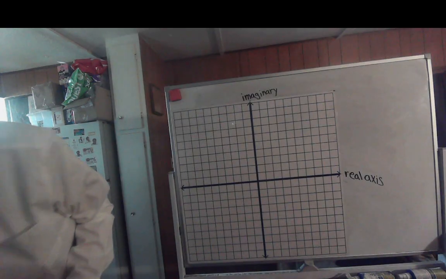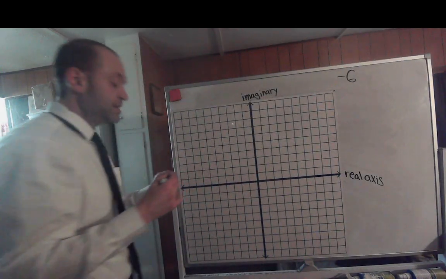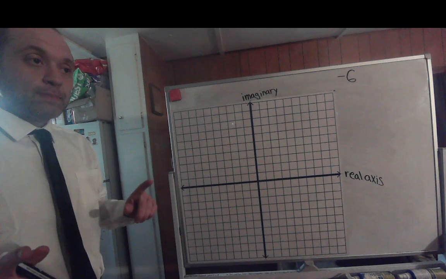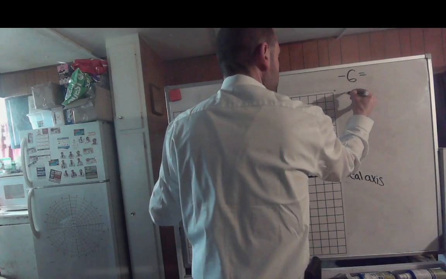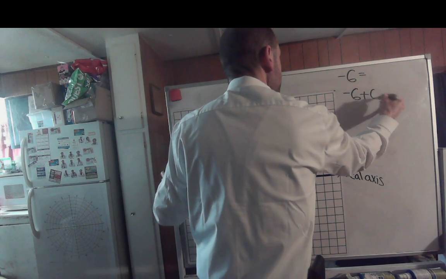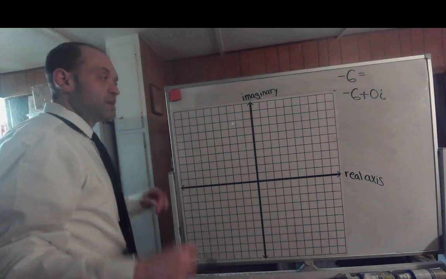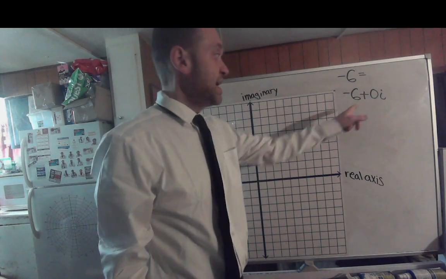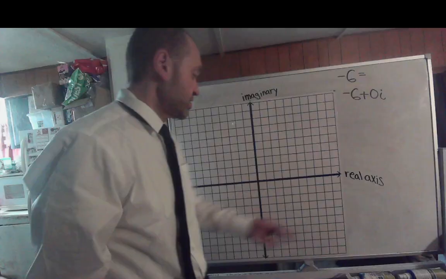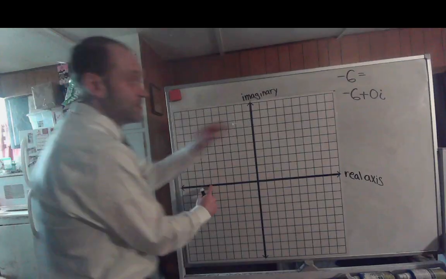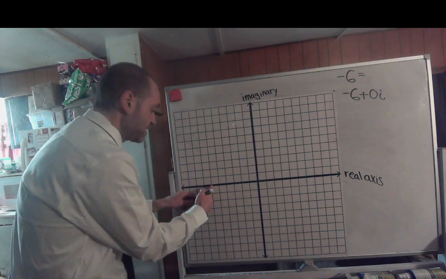So if we go to plot, let's just plot -6 in the set of complex numbers. The standard form is -6 plus 0i. So that tells us you're going to go -6 in the real direction, 1, 2, 3, 4, 5, 6, and then 0 in the imaginary direction.